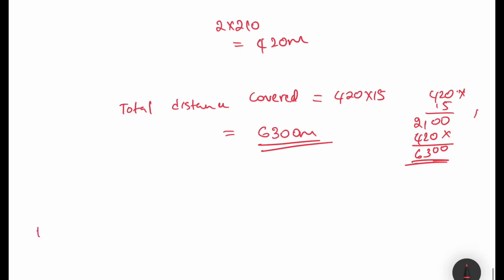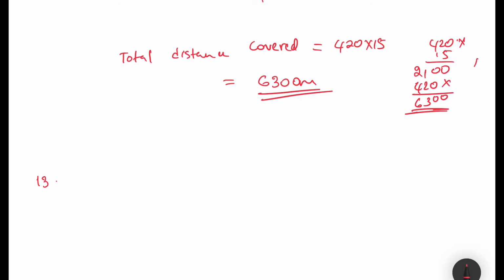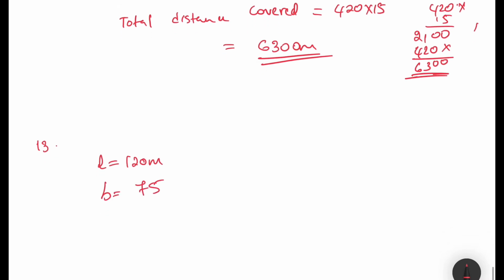Mohit makes 8 full complete rounds of a rectangular field with length 120 meter and breadth 75 meters. The next person, John, makes 10 full rounds of a square field with each side 100 meters.